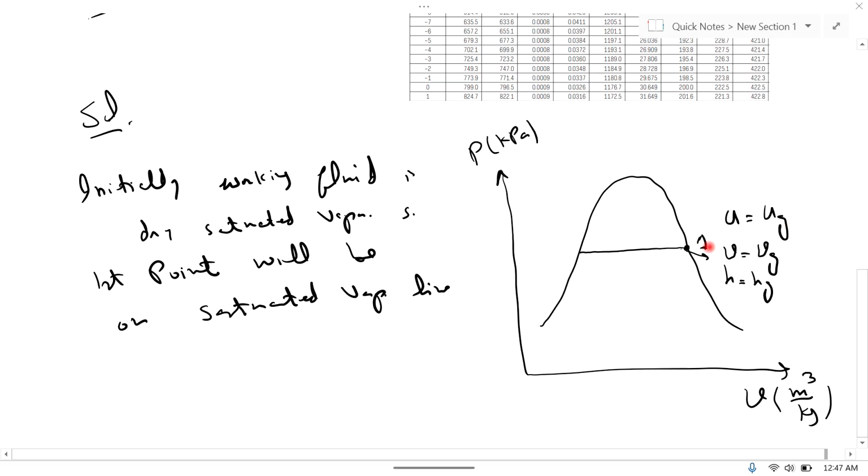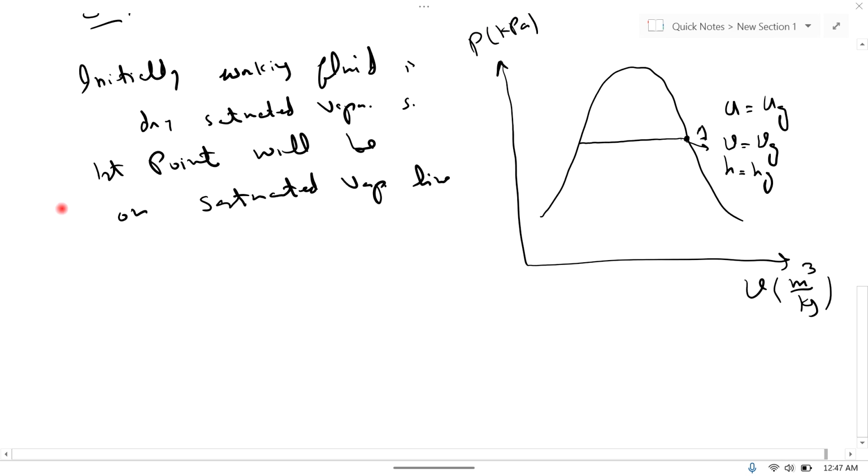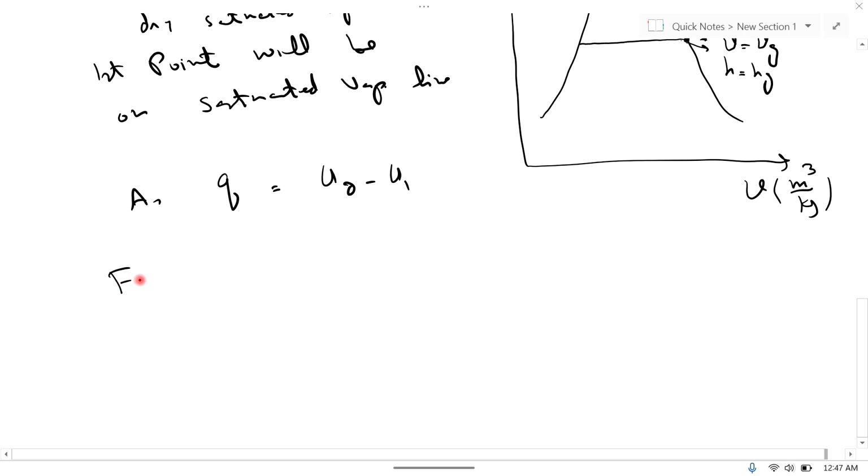Now we know that Q is equal to U2 minus U1. So to find Q, we will find U1 and U2. U1 is not available directly in the steam table.